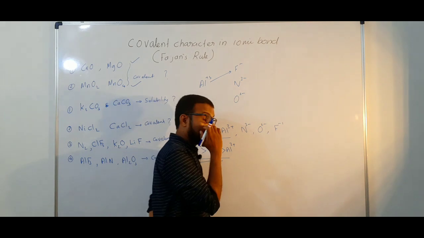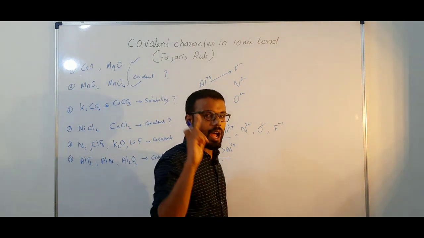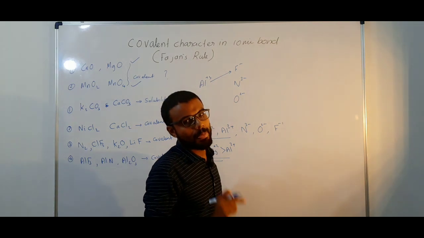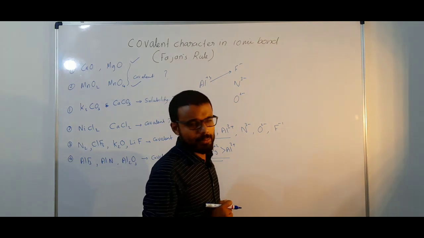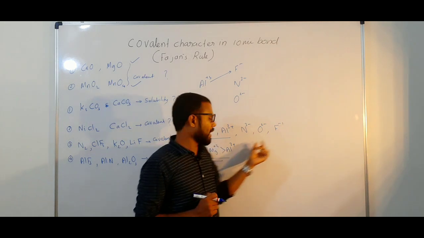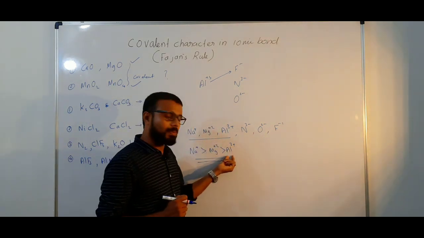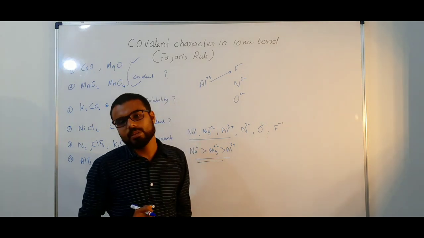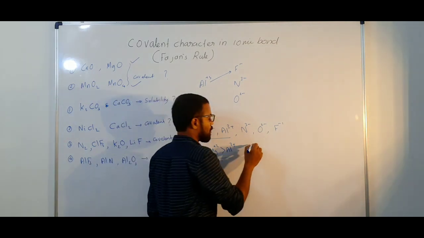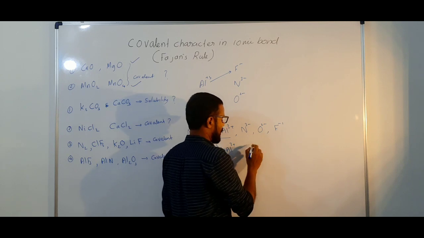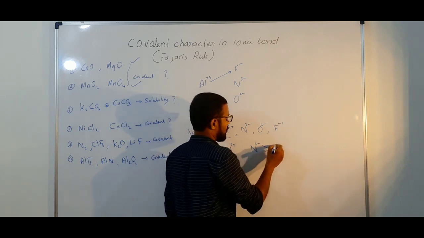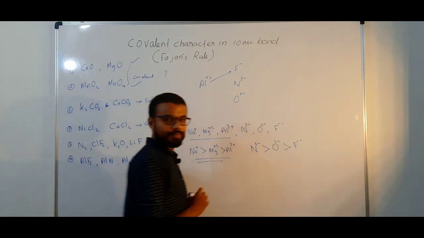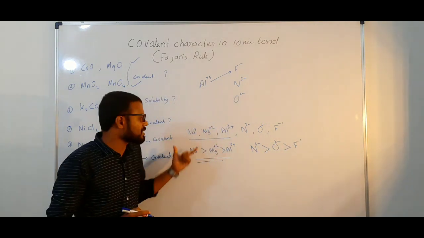Now, in case of anion, higher the charge, bigger will be the size, because electron repulsion will be there. In case of cation, higher the charge, smaller will be the size. In case of anion, higher the charge, bigger will be the size. So, which one will be bigger? N3 minus bigger than O2 minus bigger than F minus.